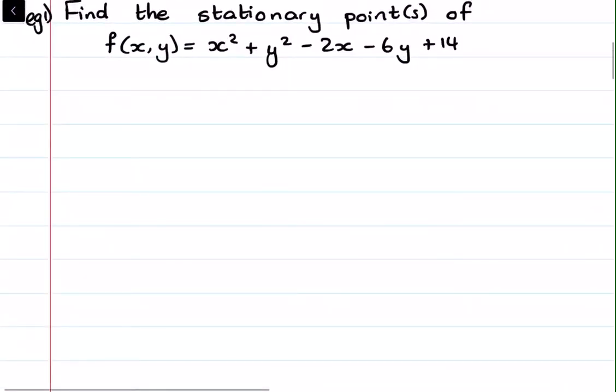So let's find the partial derivative with respect to x of f(x, y). This is equal to 2x minus 2.